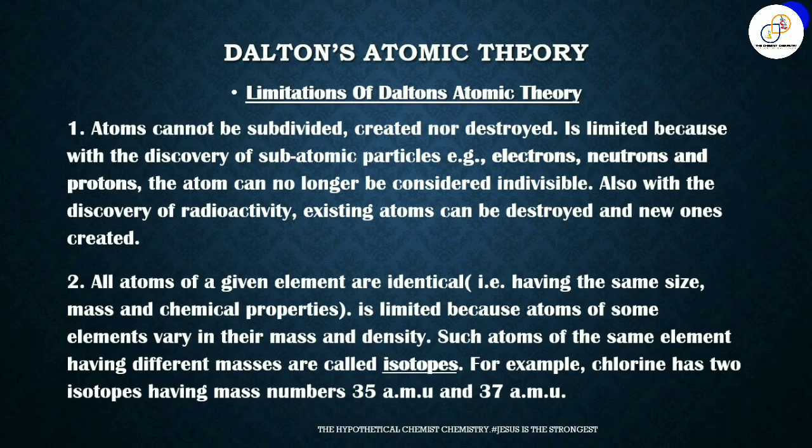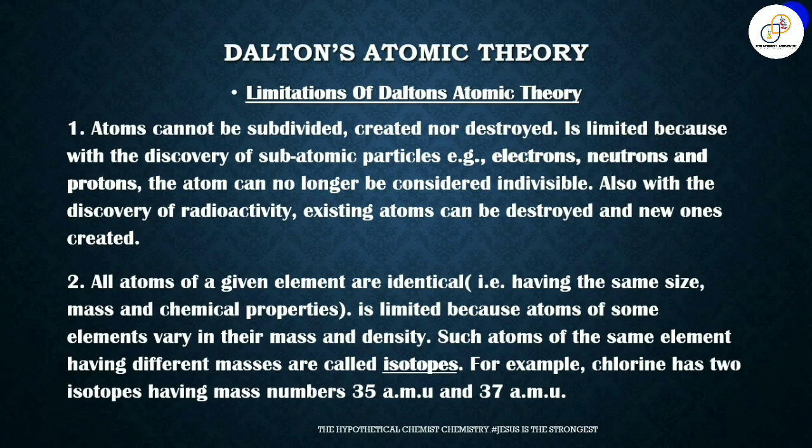We learned earlier that we have a lot of subatomic particles. We have hyperon, we have neutrino, antineutrino, we have the positron. All these are examples of subatomic particles. We have electrons, neutrons, and protons. But for the purpose of this lesson, we will limit ourselves to electrons, neutrons, and protons.